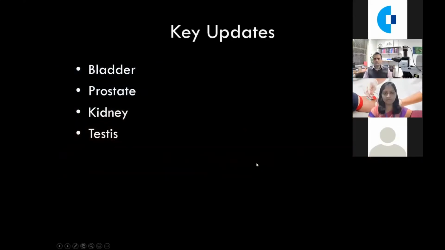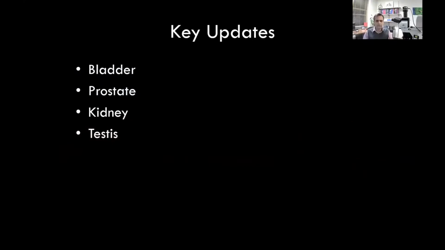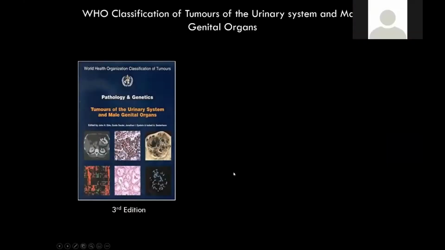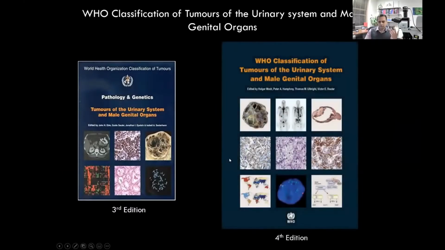All right, so I'm going to mainly talk on these 4 major organ systems. As you can see, I'm not covering penile carcinomas today because of time constraints. On these 4 topics, I'll be dealing with some new or updated entities, which, as I mentioned earlier, mostly happened in the period between the 3rd edition of the WHO Blue Book and the 4th edition.